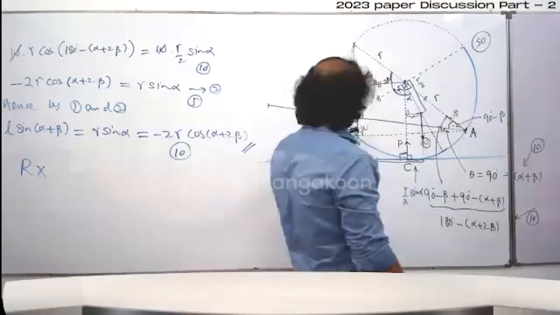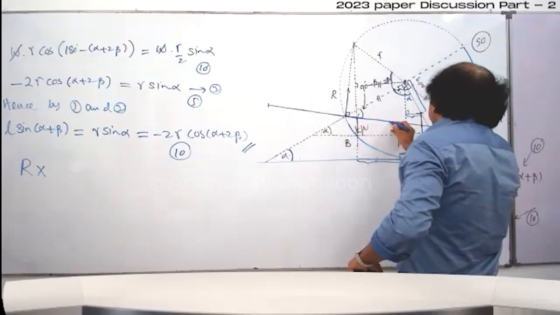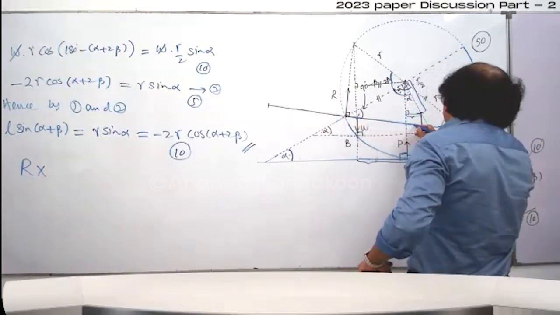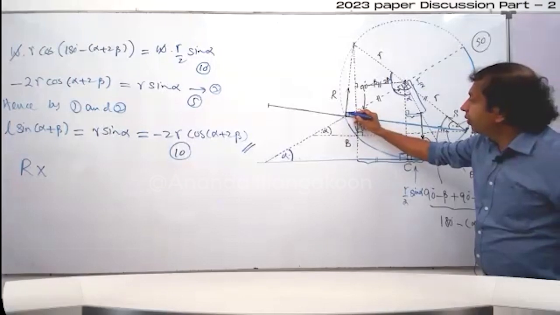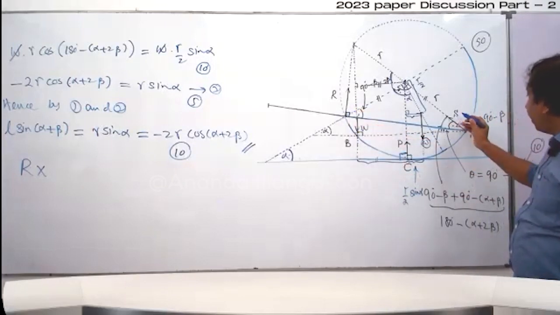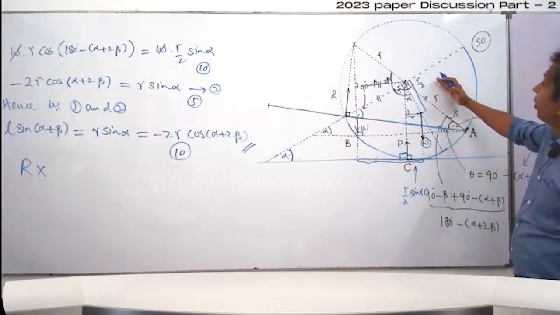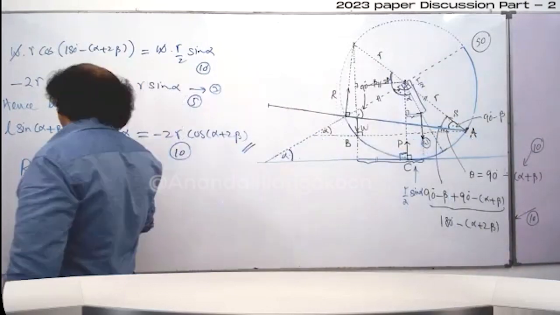What is the perpendicular distance from A to the line of action of R? It is this length, people. This is 2R, and this angle is 90 minus beta. So it is 2R cos(90 minus beta).